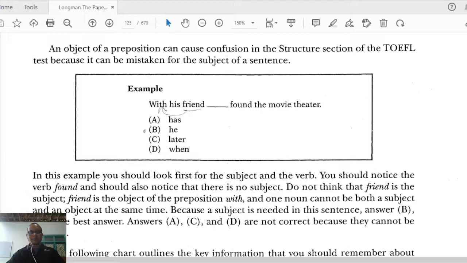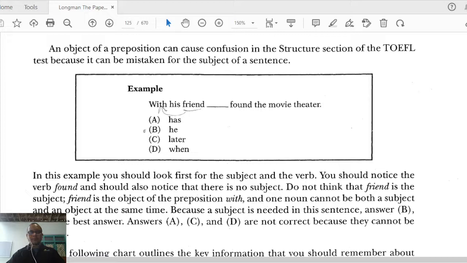Okay, and then here because a subject is needed in the sentence, so answer B, he, is the best answer, ya. Jadi answer B, he, is the best answer. Answer A, C, and D are not correct because they cannot be subject, ya. Jadi mereka ini nggak bisa jadi subject.